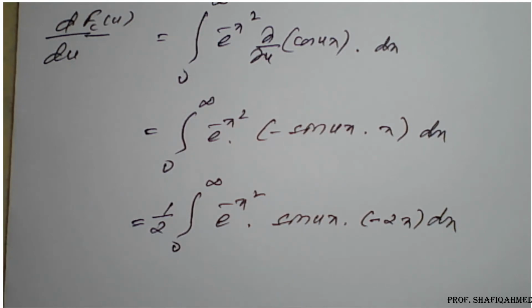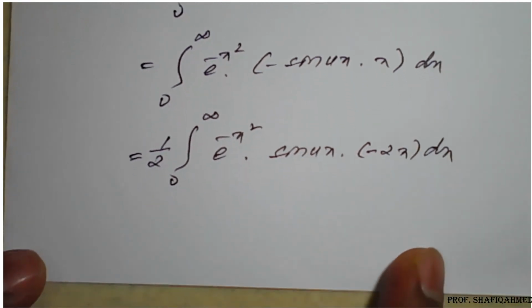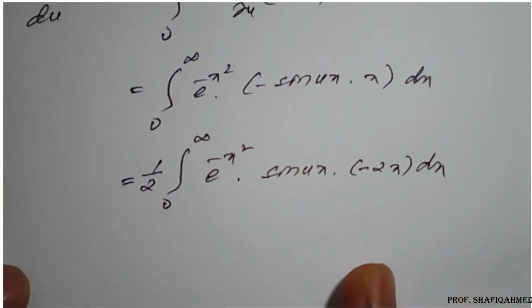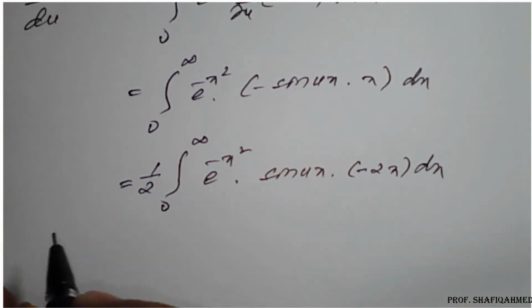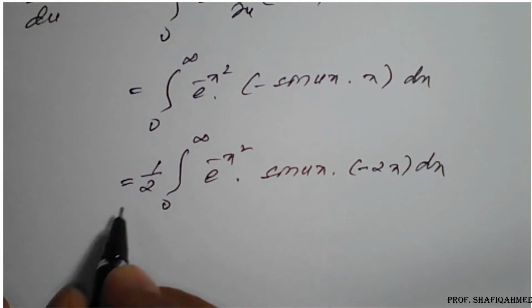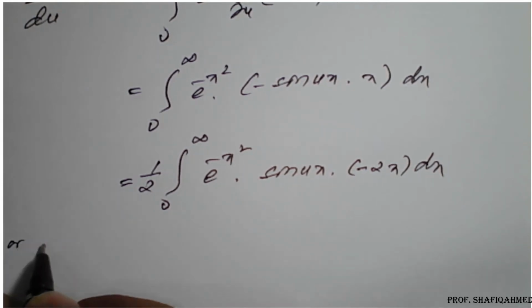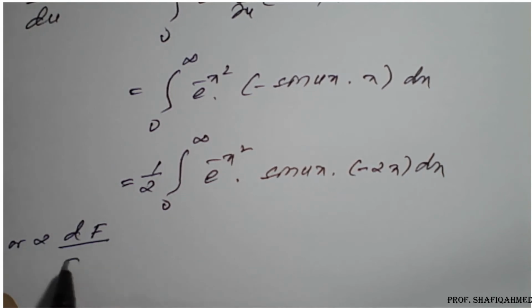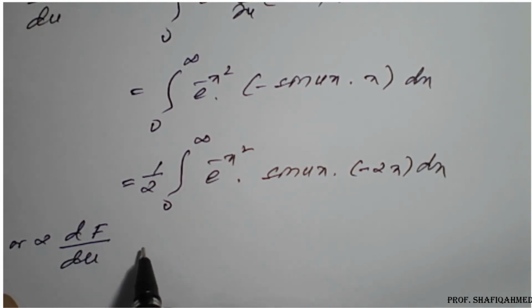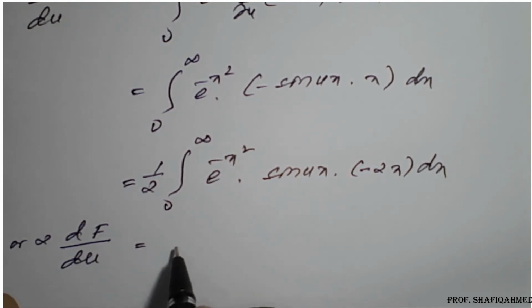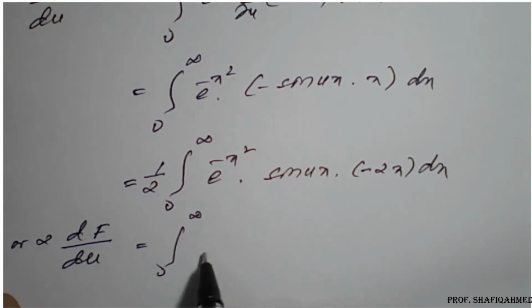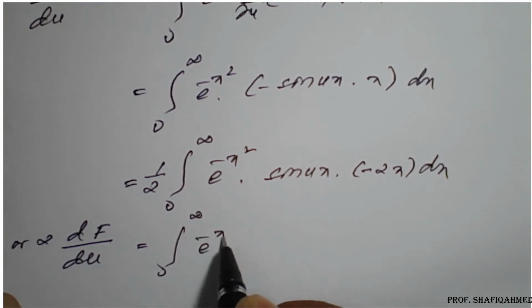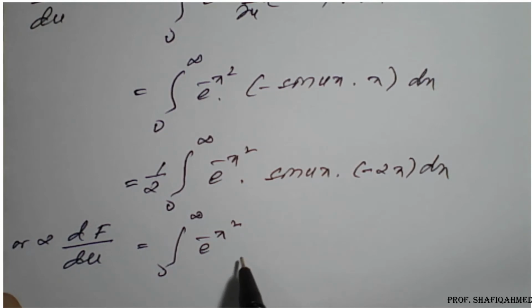So now what happens, we'll see here. How to simplify this integral? You cross multiply this 2 to the left hand side, so 2 times df upon du is equal to integration 0 to infinity e raised to minus x square.